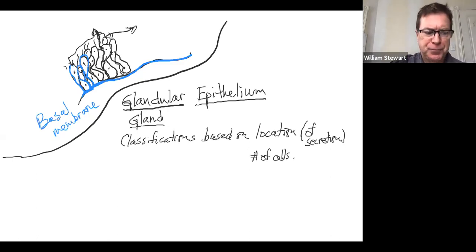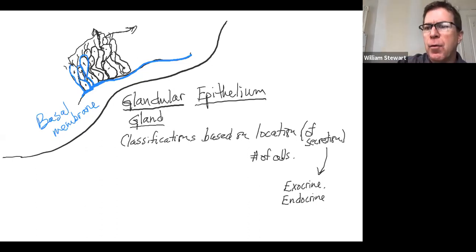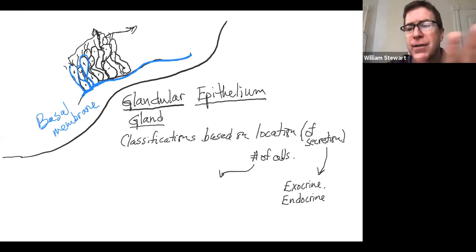So for the location of secretion, there are exocrine and endocrine glands. And for the number of cells, there are two groups: either unicellular or multicellular.